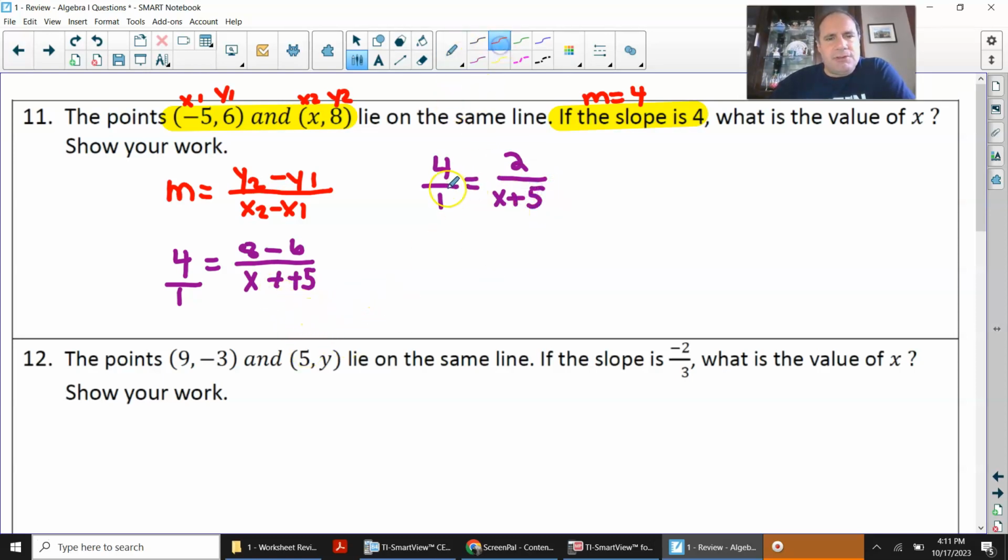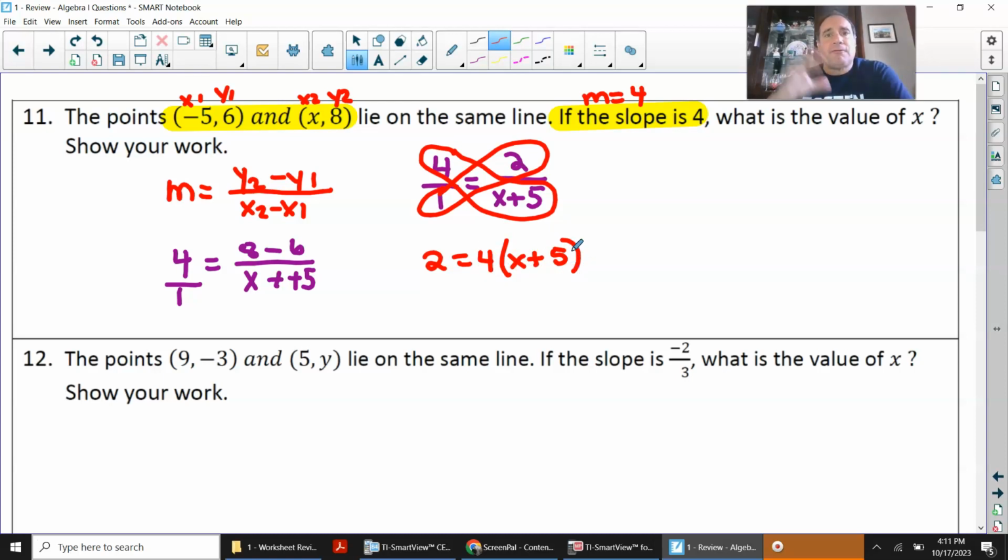So now I'm just going to go and do the butterfly method. 2 times 1 is 2 equals, and then 4 times the whole expression of x plus 5. Put it in distributive property, because remember, it's 4 times the entire expression. So this is 2 equals 4x plus 20.